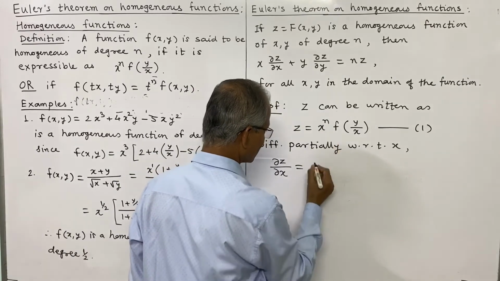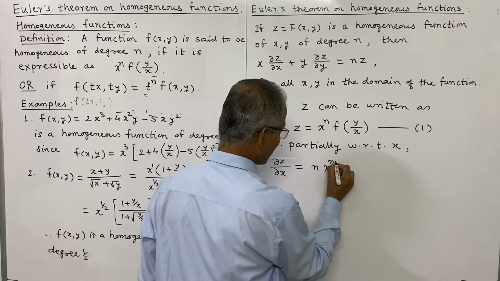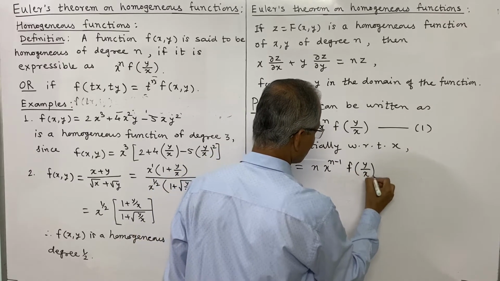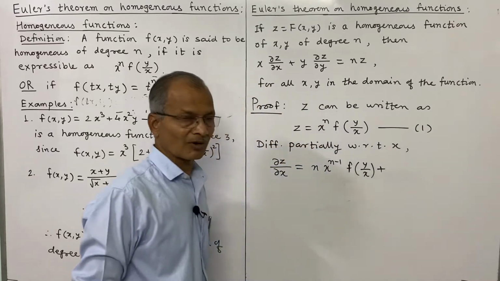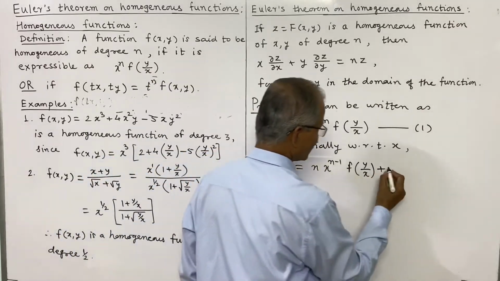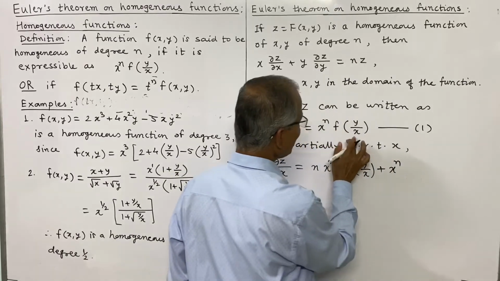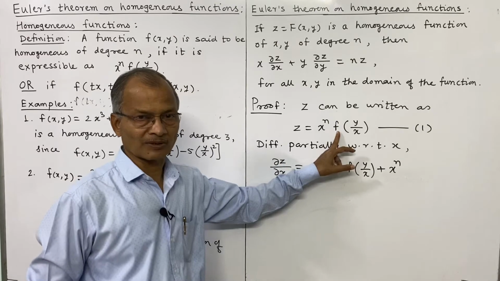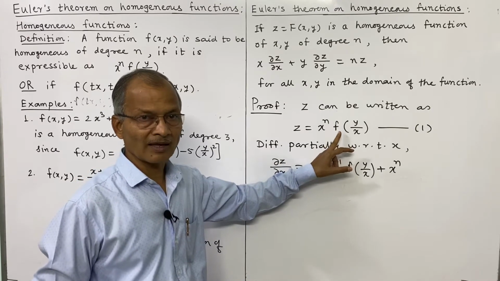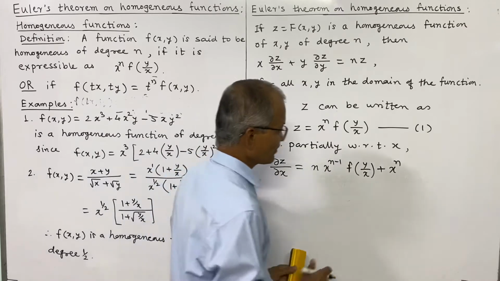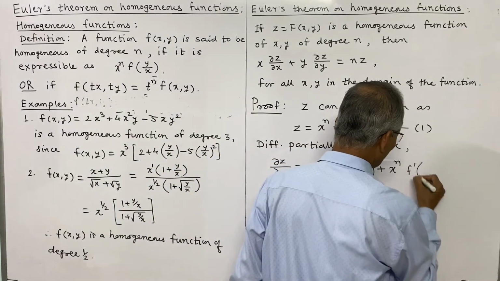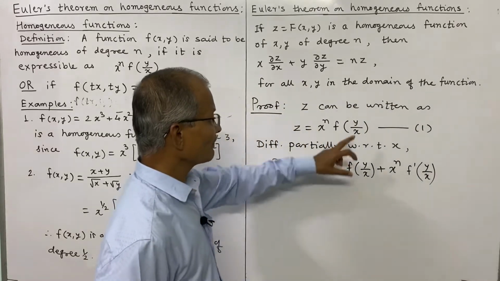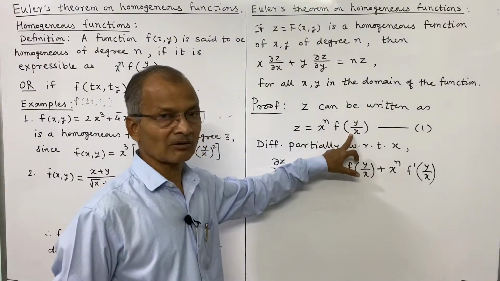The derivative of the first is n x power n minus 1, and this function f of y upon x as it is, plus, and now what will be the second term? First as it is, that is x power n as it is, into the derivative of this function. This function is written in the form of f notation, and the derivative of f we denote by f dash or f prime, and that is f prime of y upon x into the derivative of the inner function y upon x with respect to x.